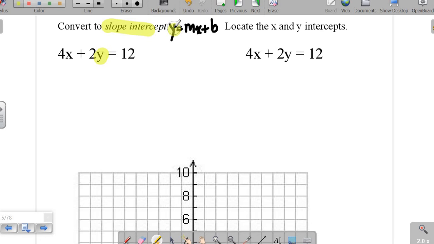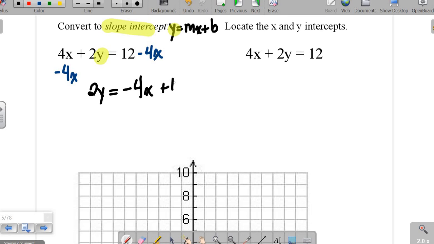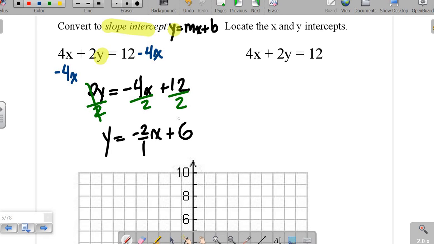So your goal is to get y by itself. When you divide that out, make sure you go to each and every term. So that is using y equals mx plus b.